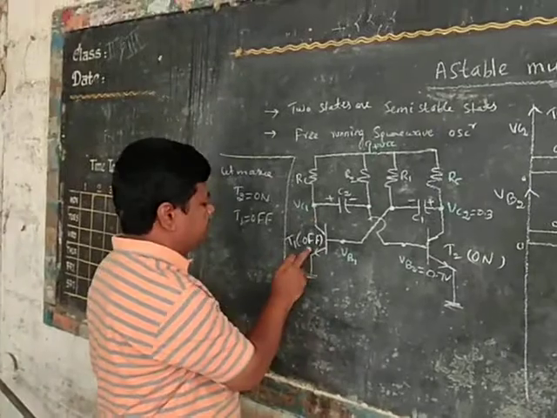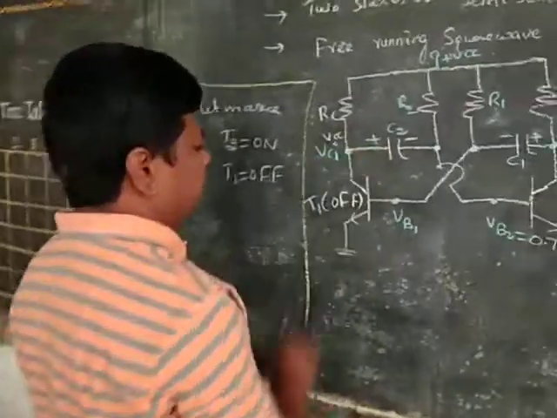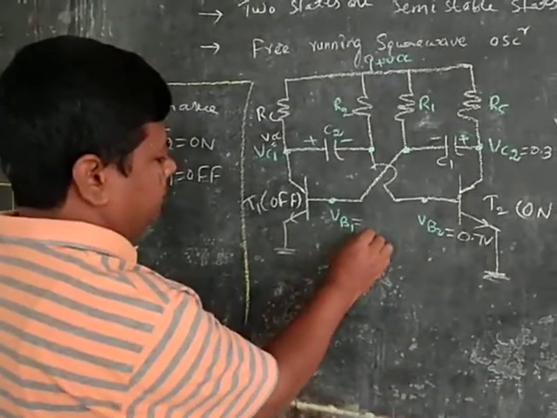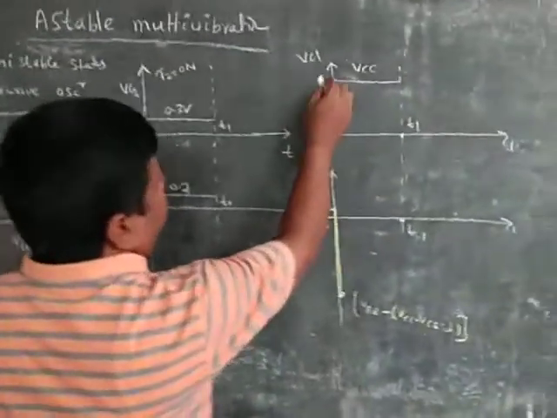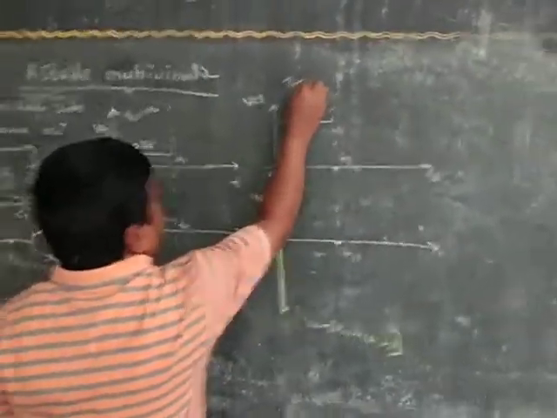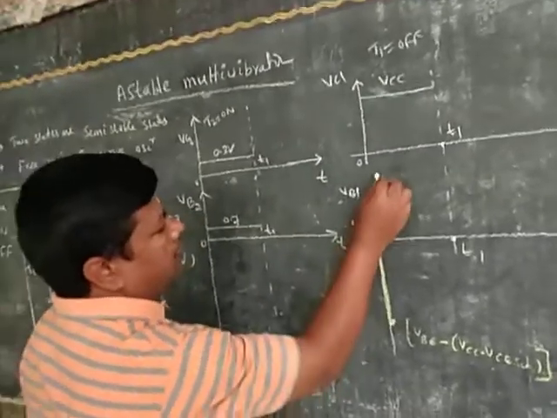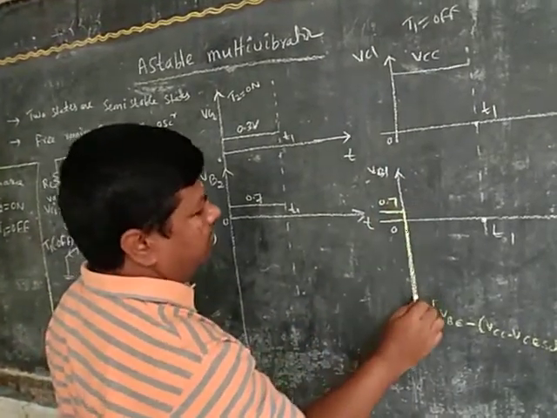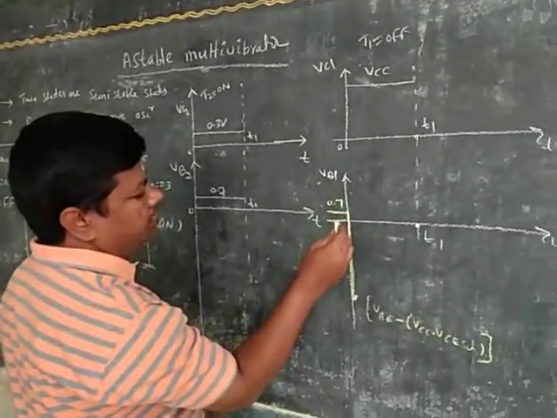Coming to the T1 transistor off, its collector voltage is VCC and its base voltage is some negative. Observe here, this is VC1, with T1 off, collector voltage 10 volts, VCC is equal to 10.